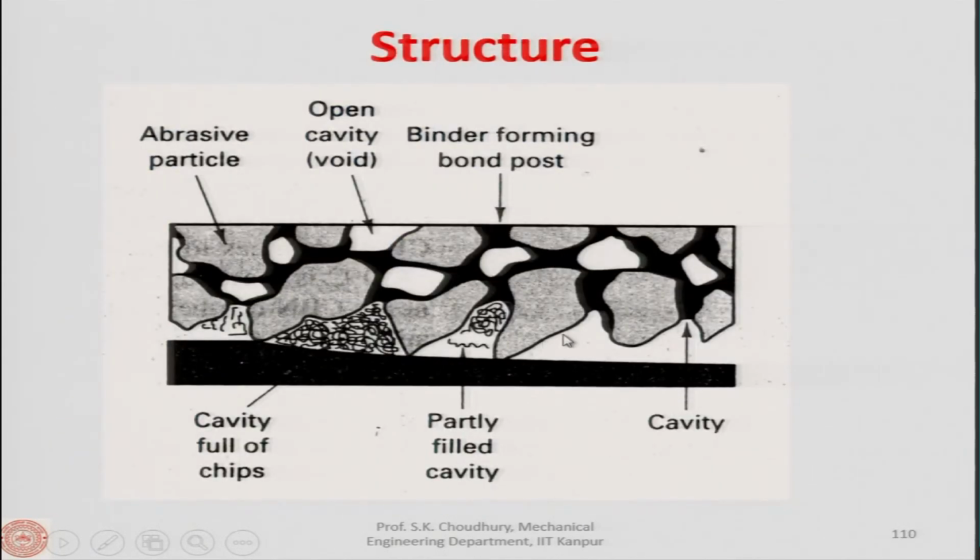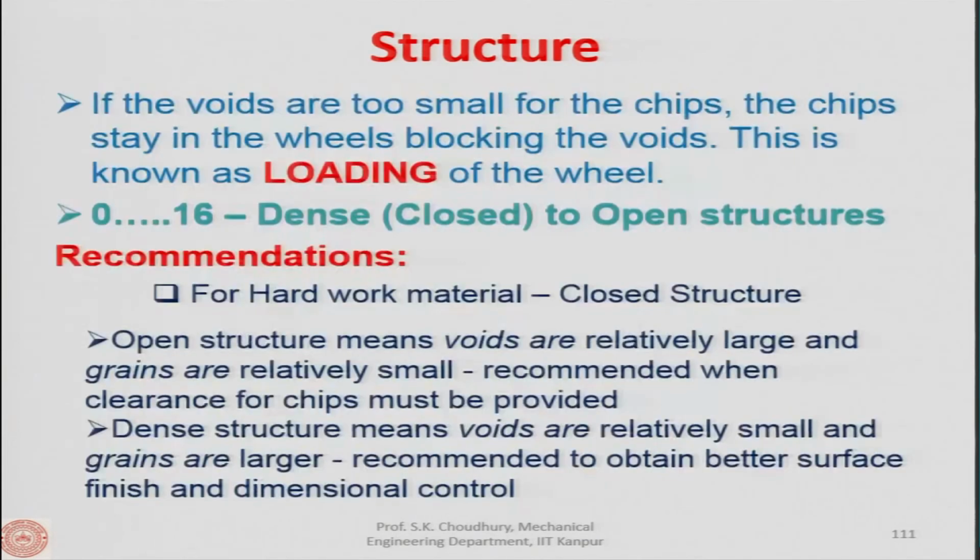The sharp grains will not be able to contact the workpiece, and the chips trapped inside the voids will rub and consume more power. So, as it is written here, if the voids are too small, the chips stay in the wheel, blocking the voids, and this is known as the loading of the wheel. So, wheel loading is also not desirable, like wheel glazing.